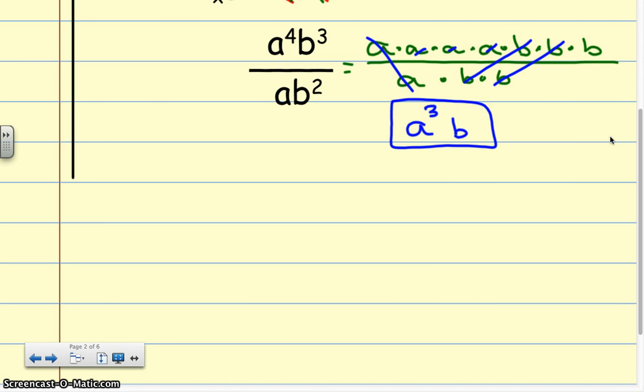What you should have noticed, the relationship between the 4, this is like a 1, I subtract them to get the 3. This is b cubed and b squared. I subtract the 3 and 2 and I get that exponent of 1.